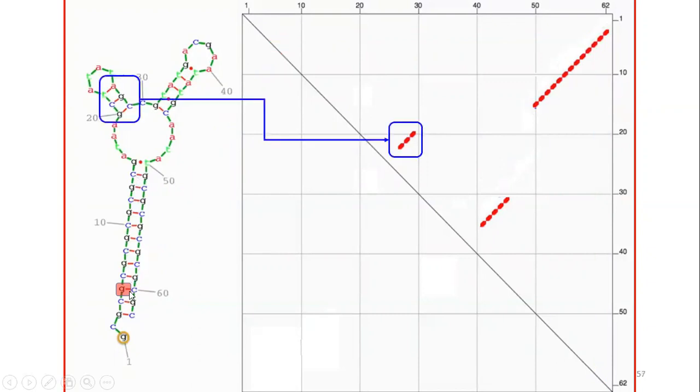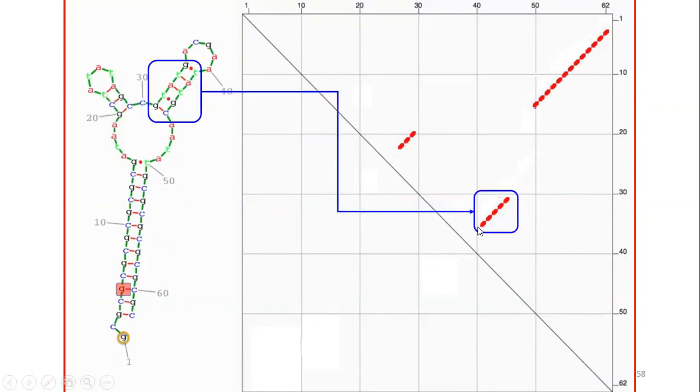Similarly, this diagonal would represent this secondary structural element, and this diagonal this folding pattern. In this way, the diagonal represents the folding pattern.